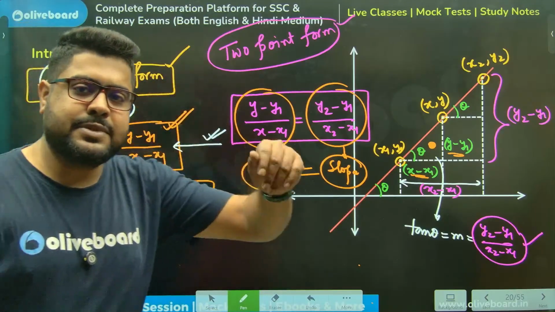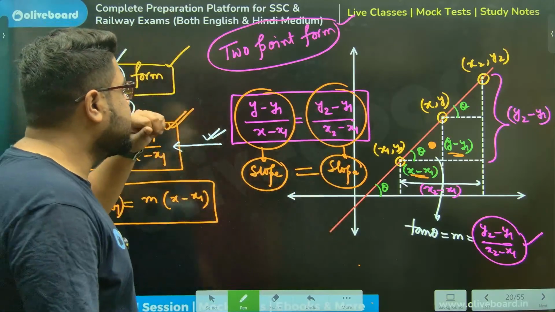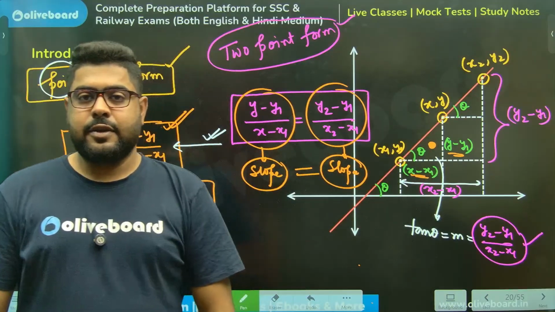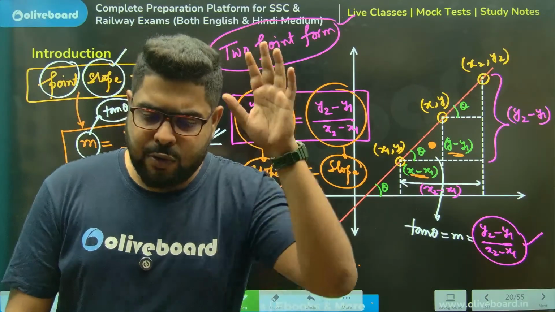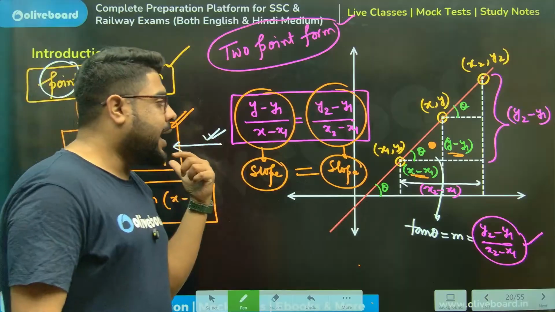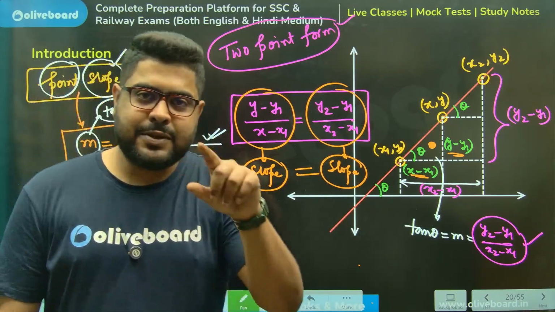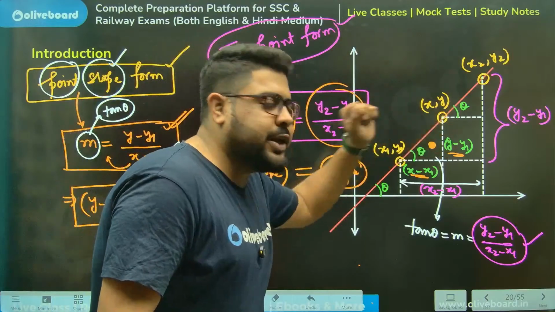Now, sometimes in the question, they will ask you, there is a line which is passing through this point and this point. Find its slope. I know countless students will find the whole equation, then find the slope. But that's the reason I was showing the proof.